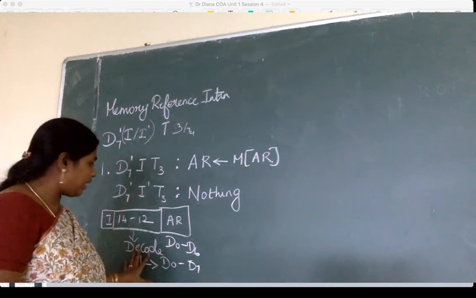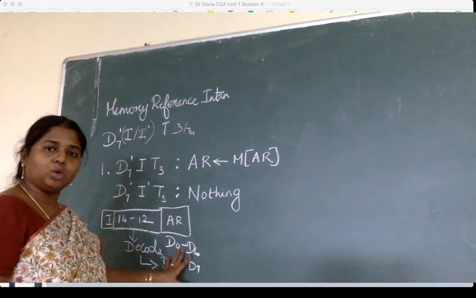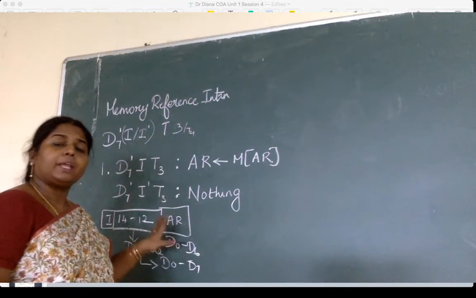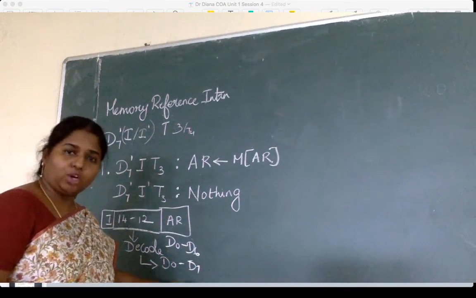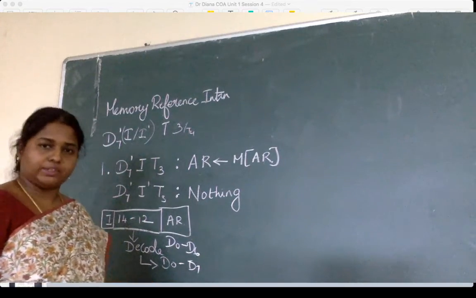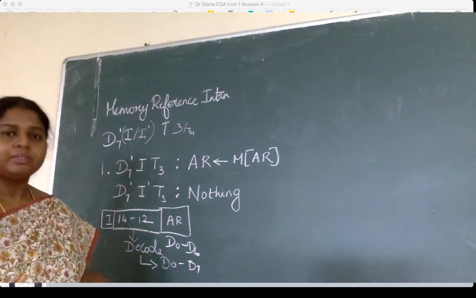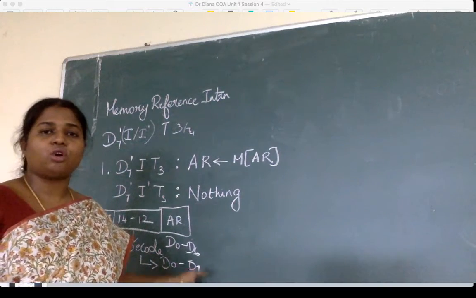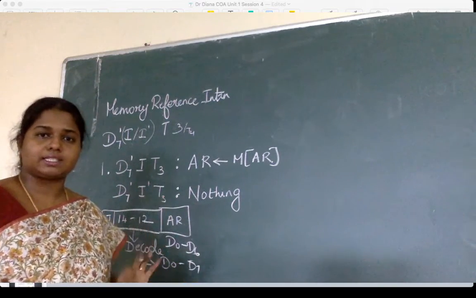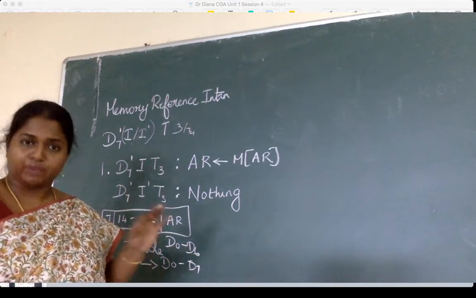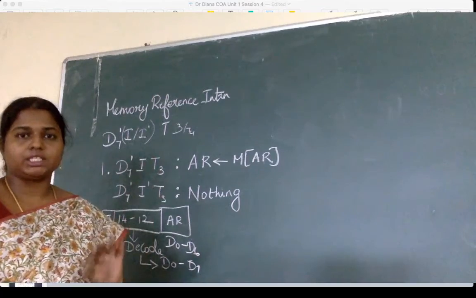This is given as input to the decoder, and the decoder generates signals D0 to D7. And D7 cannot be 1 for any of the memory reference instructions, according to our instruction format. So I can have values of D0 to D6 set to 1. If D0 is 1, D1 to D6 will be 0.